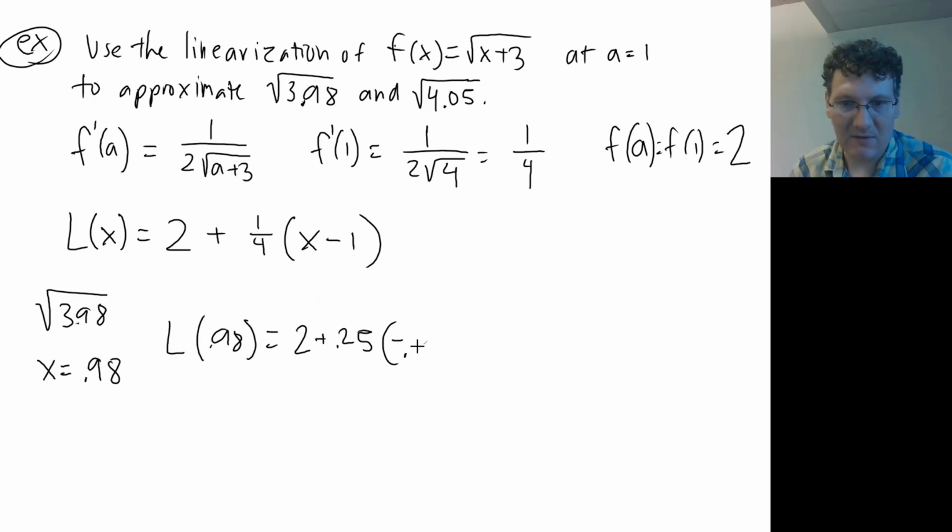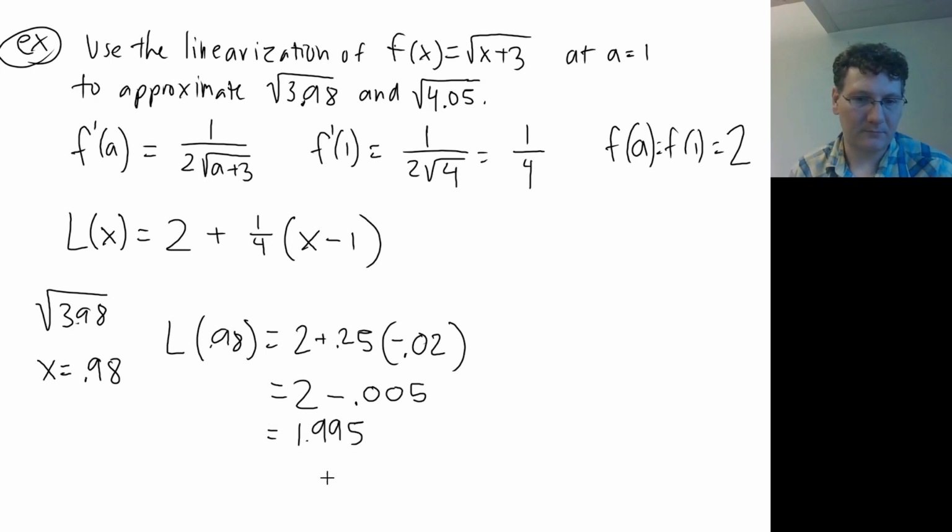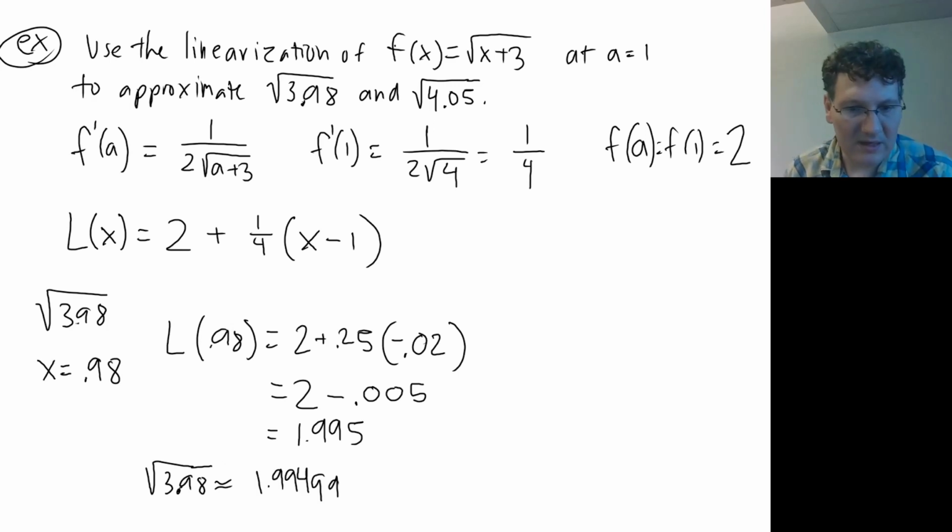It's negative 0.02. And so you work that out. So you get 2 minus 0.005, which is going to be 1.995. Incidentally, the square root of 3.98 comes out to be 1.99499, and that's pretty close to 1.995.